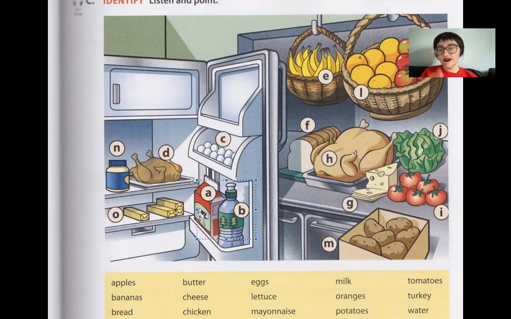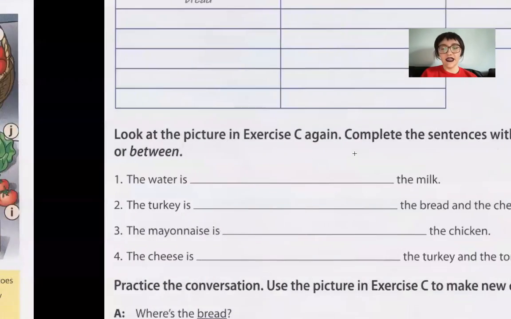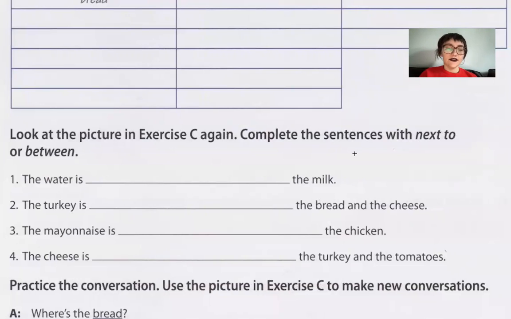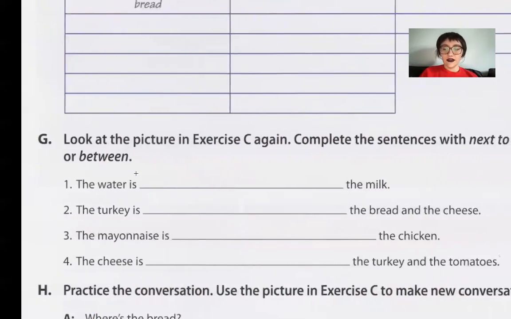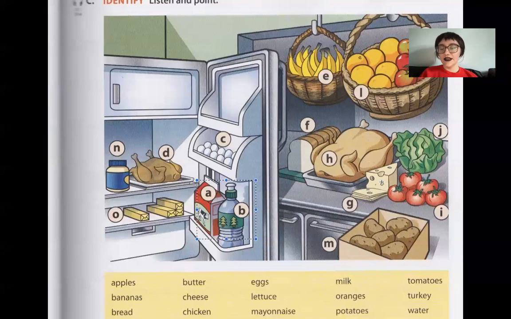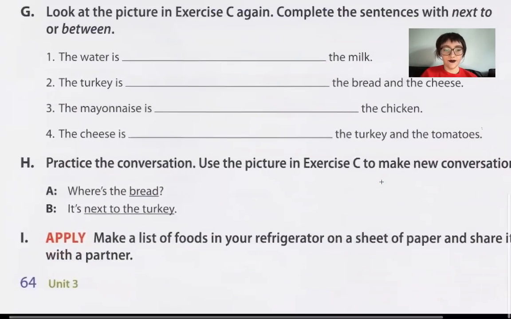The mayonnaise is next to the chicken. The cheese is between the turkey and tomatoes.